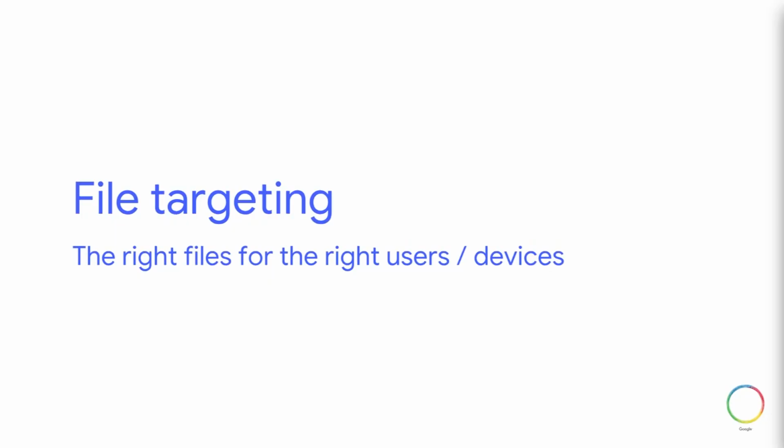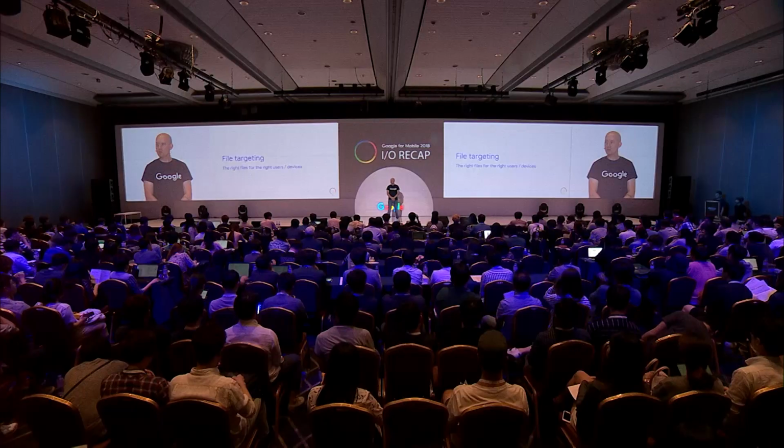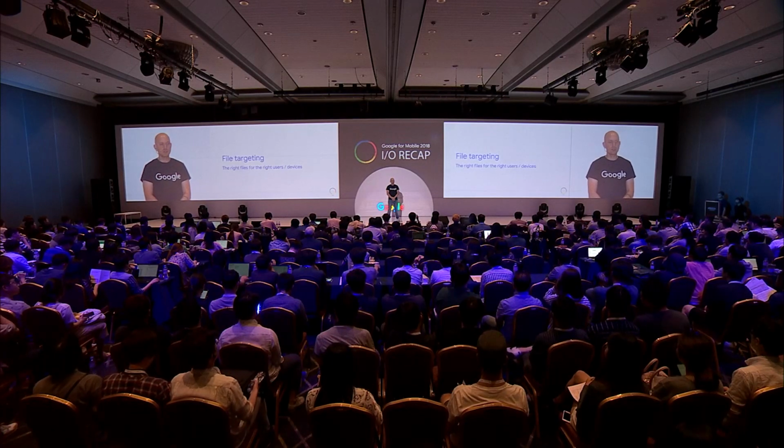Let me explain what I mean by targeting the files of your app. File targeting is the description of what type of device or user a given file is targeted for. This is a central concept in dynamic delivery, since understanding the targeting of files means that we can serve to a given user only the files that they need, and this is what allows us to make the app smaller.